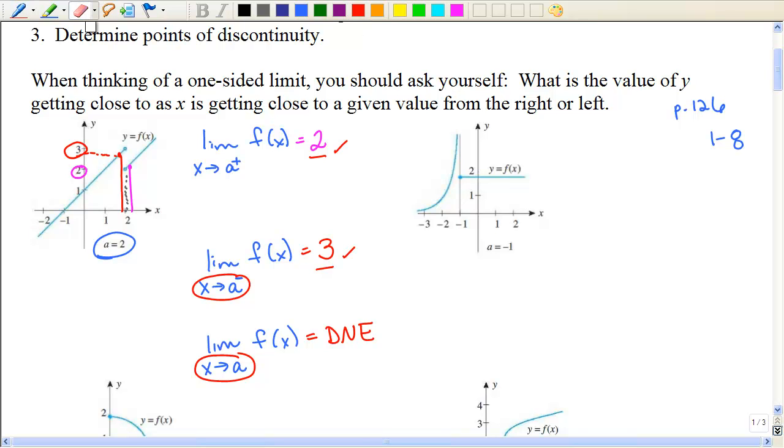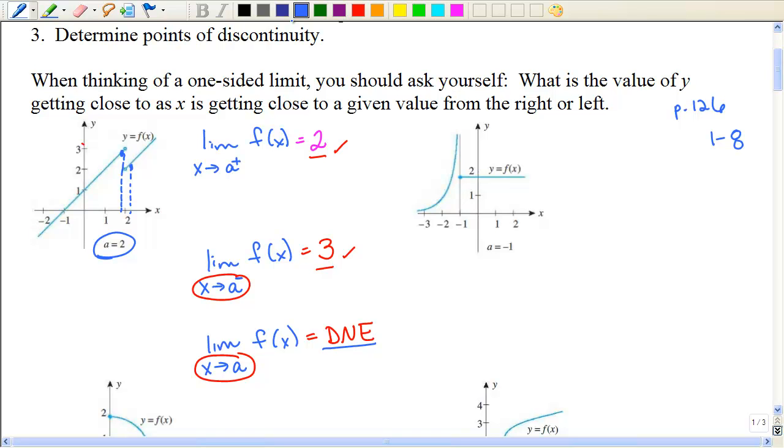In fact, if we were to use our technique from section 2.4 and I had asked you what is the limit as x approaches a, a little bit bigger than 2, we're here, a little bit less than 2, we're here. Those are not the same values, and that's why that limit does not exist.